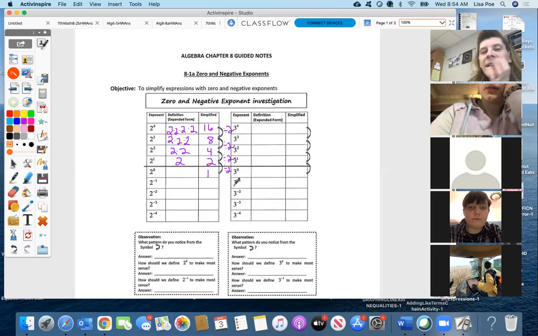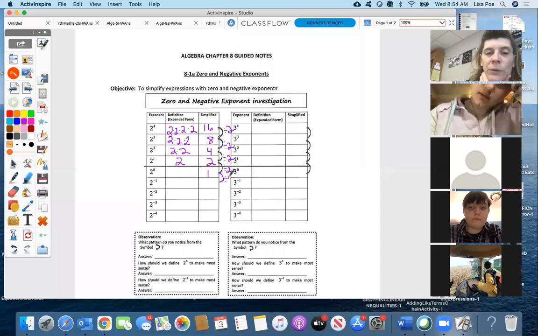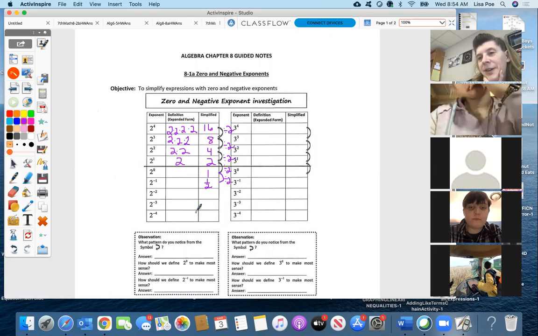1. All right. Now, if we follow that same pattern, 2 to a negative 1 power, that means we're going to divide by 2 again. What's 1 divided by 2? 1/2, which we'll just write like this.